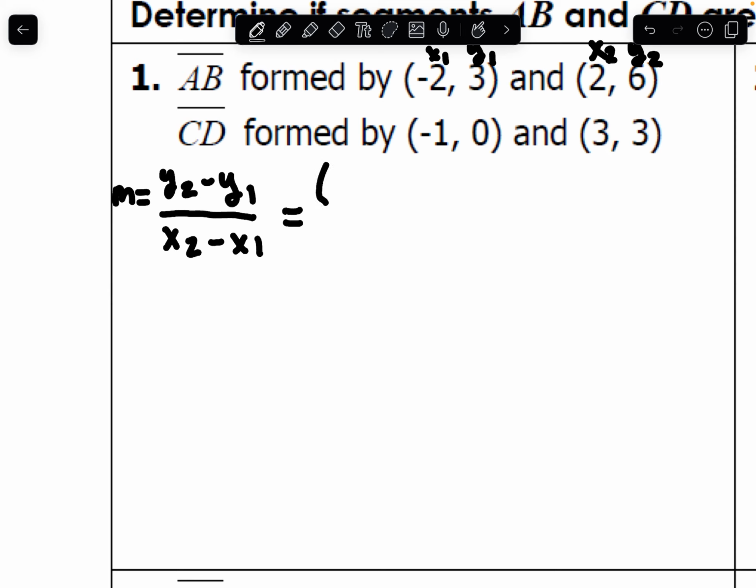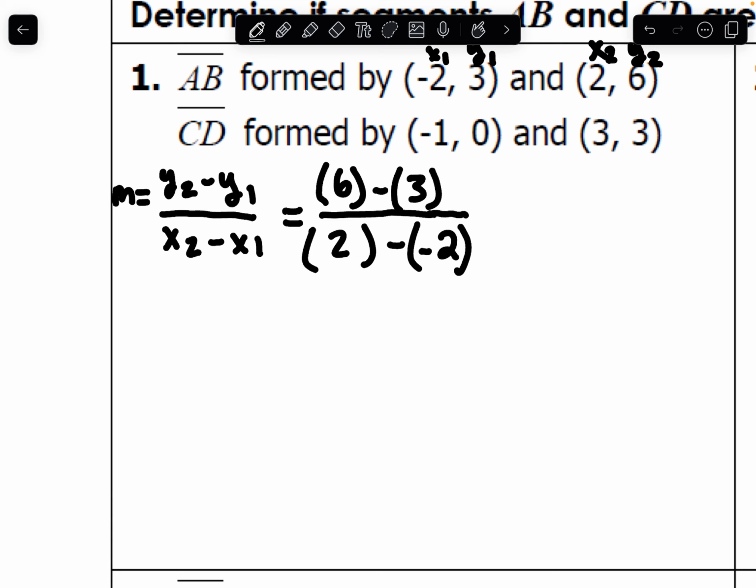When we do that, we set it up. We have 6 on top minus 3 over x2 is 2 minus x1 is -2. And again, we can plug this into our calculator, and we have 3 on top, and we should get 4 on the bottom.